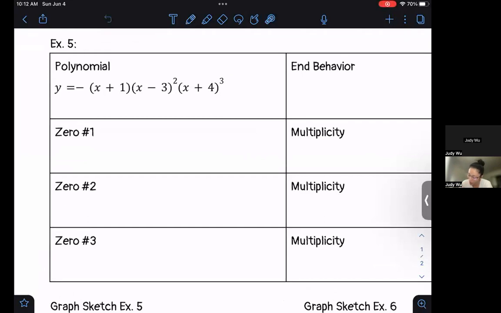So we're given this polynomial y equals negative parentheses x plus 1 times x minus 3 squared times x plus 4 cubed. Now, I see here that I have 1, 2, 3 different zeros, right?